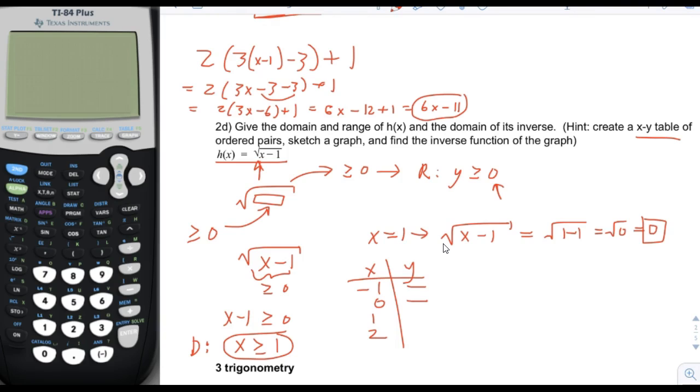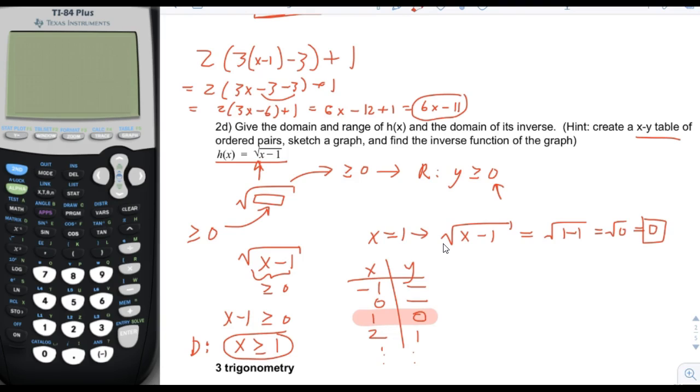Then I'm going to put 1 in there. 1 minus 1 is 0. Square root of 0 is 0, so that's my first valid value. If I put 2 in there, it's 2 minus 1, square root of 1, which is also 1. And then it continues to go on from there. So looking at this result, it looks like the domain and the range start at x equals 1 and y equals 0.